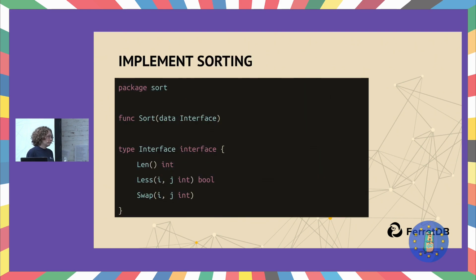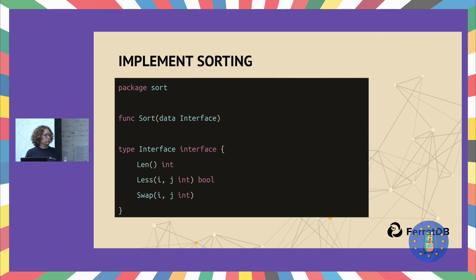Let's implement sorting. Because we write in Go, we don't have to reinvent the wheel. We can use the standard library, the package sort. And so to implement sorting, we need to implement the interface that has three functions: len, less, and swap. If we already have a slice of the documents, we know how to calculate the length of that slice. We know how to swap elements within the slice. So we need to implement less.